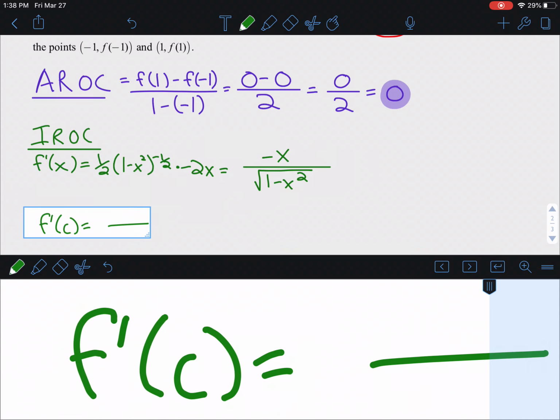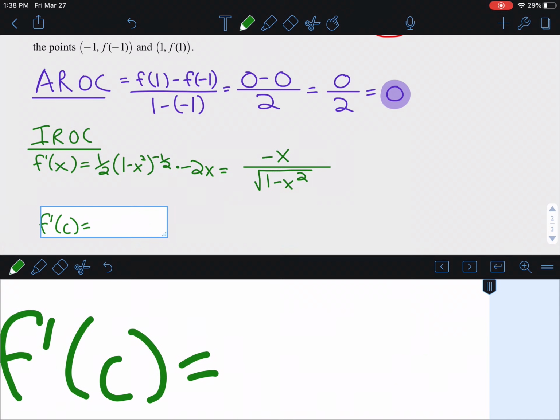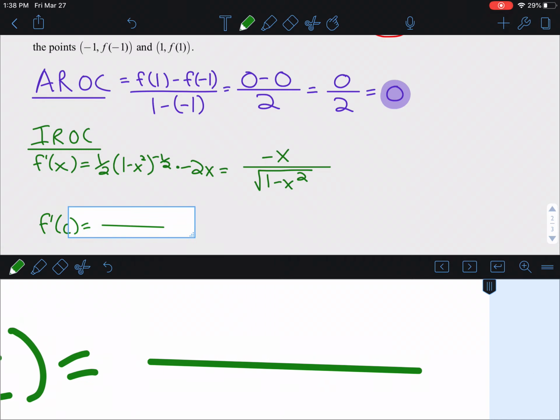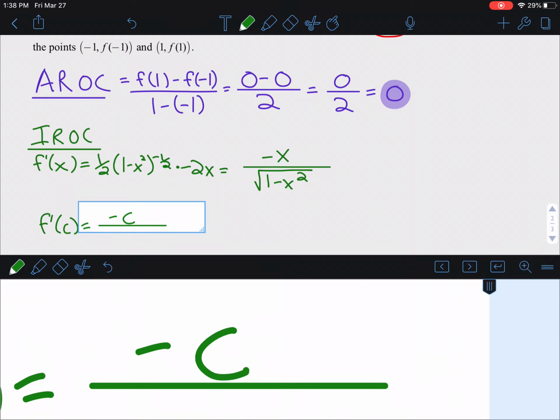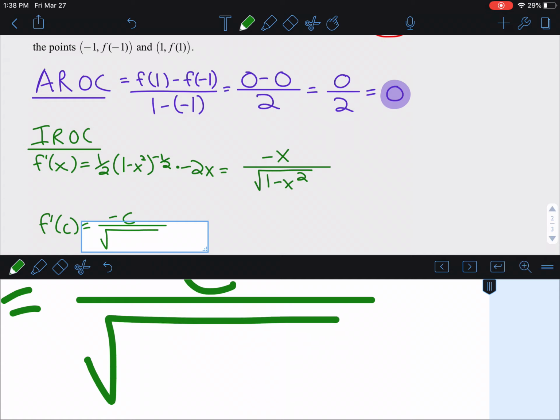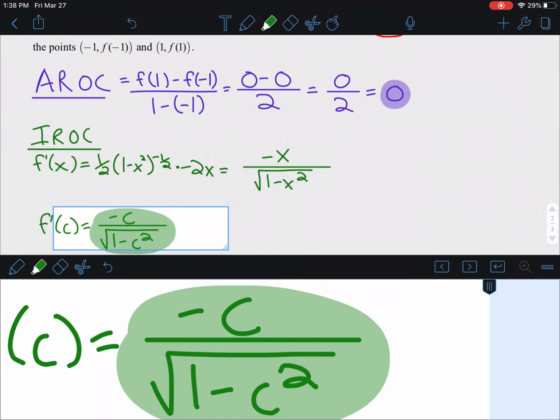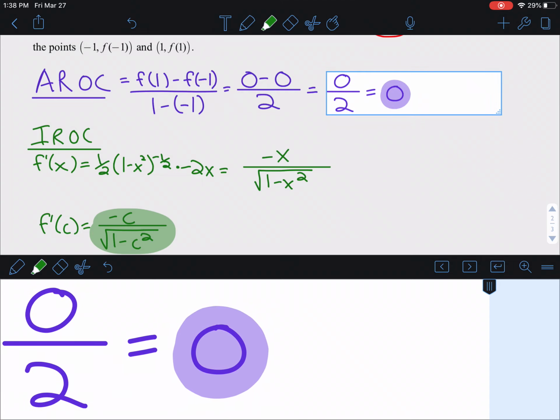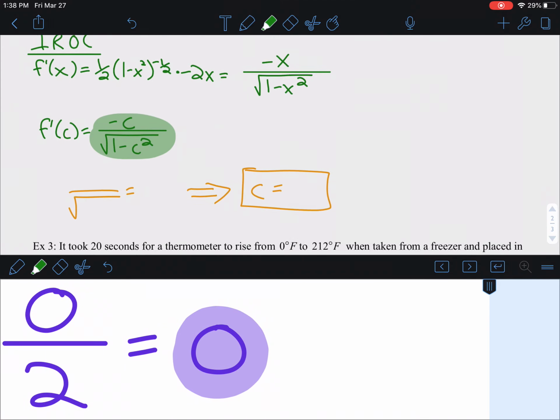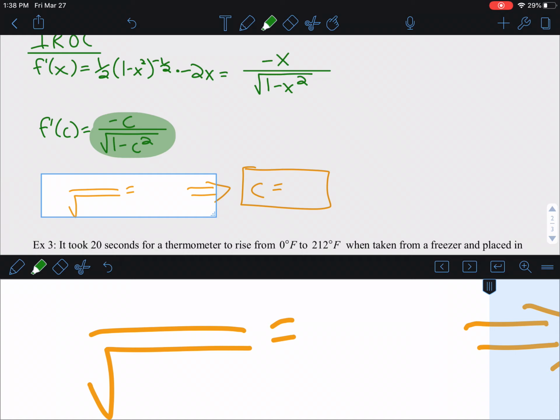Okay, so now that's my derivative function. I want the derivative at some x value that I don't know. I will call that x value c. So I'm just going to plug c into my function here, and I'm going to get negative c over root 1 minus c squared. So there's my instantaneous rate of change at c. Average rate of change is 0, right? And so let's set these equal to each other.